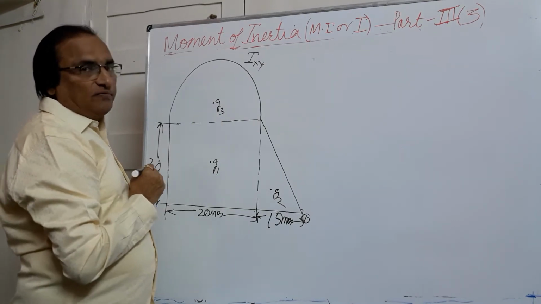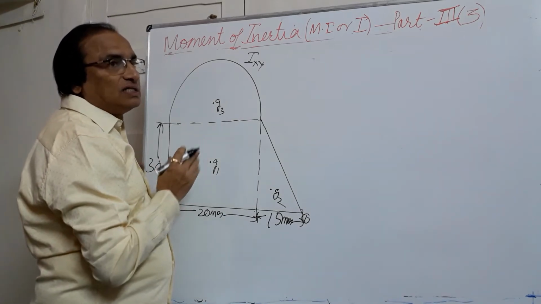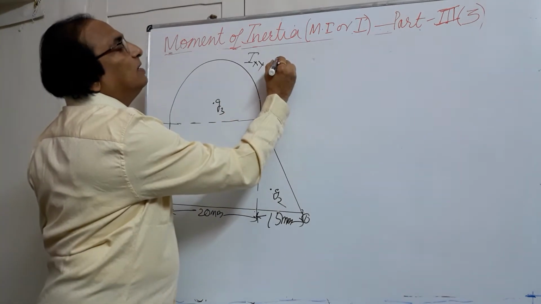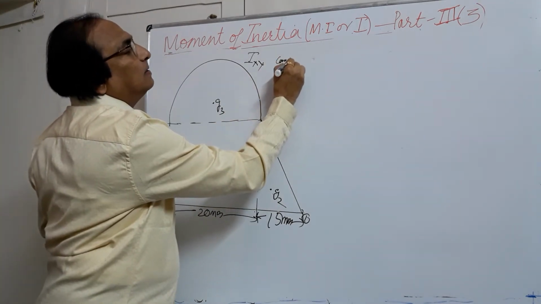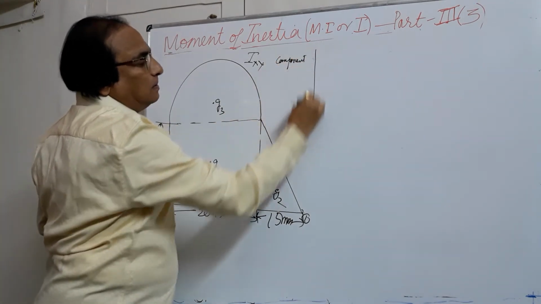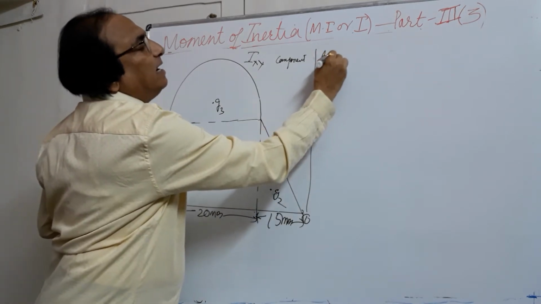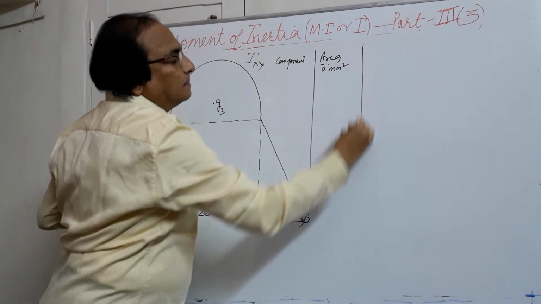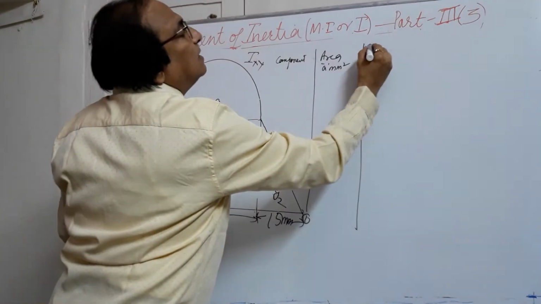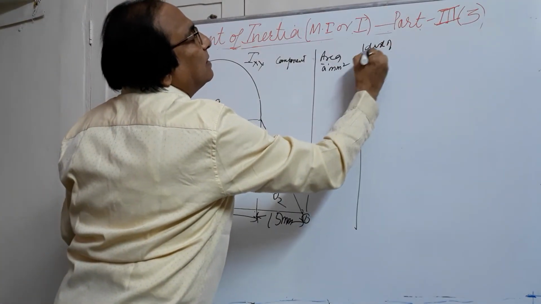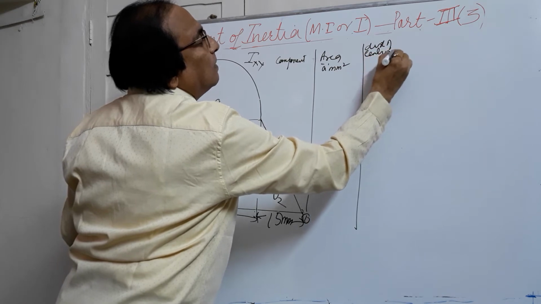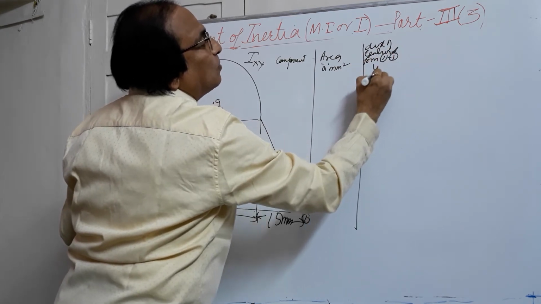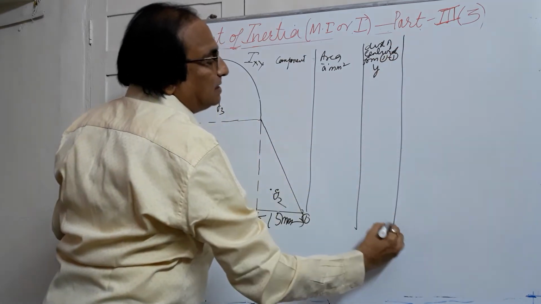Again we'll go in the form of a table. You remember in CG we had drawn 6 columns. Here also we are drawing 6 columns. First is the component part. Second is area. Then third is the distance of the centroid from 1-1, so you get y. This was the same in CG also.